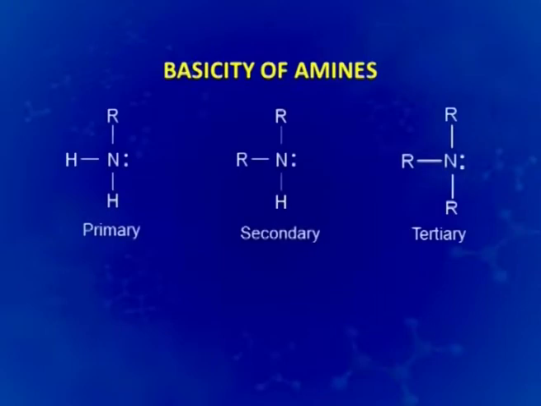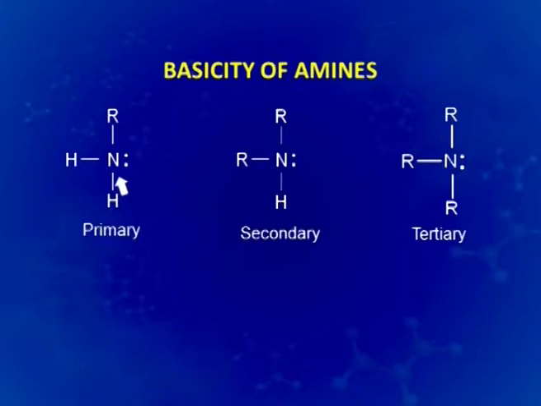So, to see how basicity varies in case of amines, whom we consider as highly basic, let us take the example of alkyl amines, wherein we have one alkyl group, two alkyl groups, or three alkyl groups. You know that the amine with three alkyl groups is called a tertiary amine, the one with two is called a secondary, and the one with one is called a primary amine.